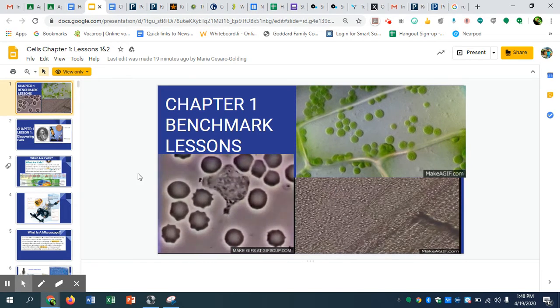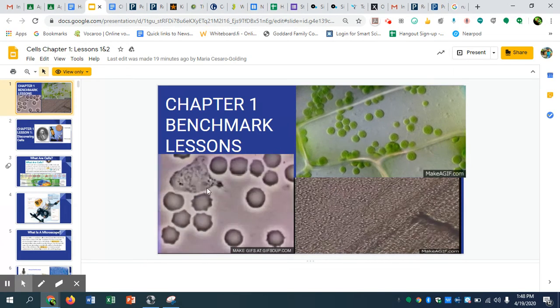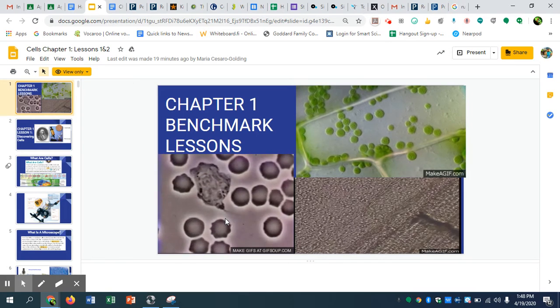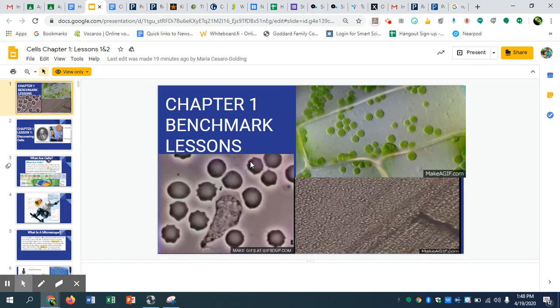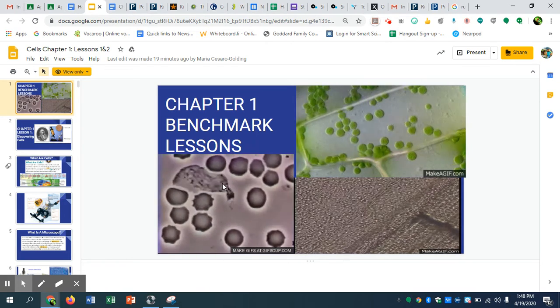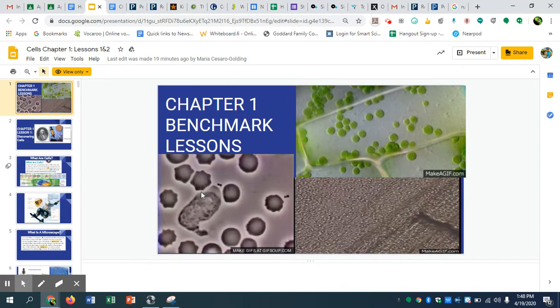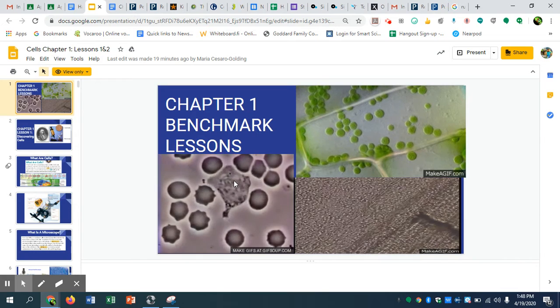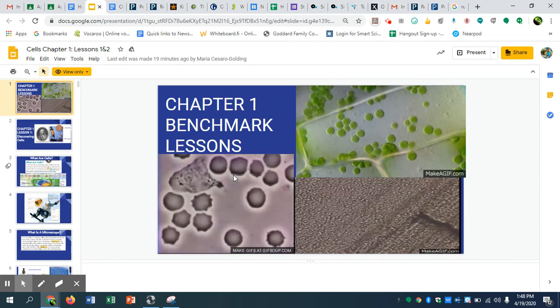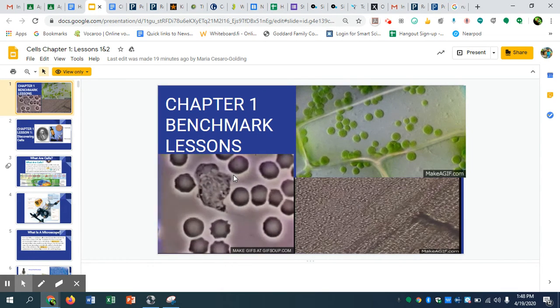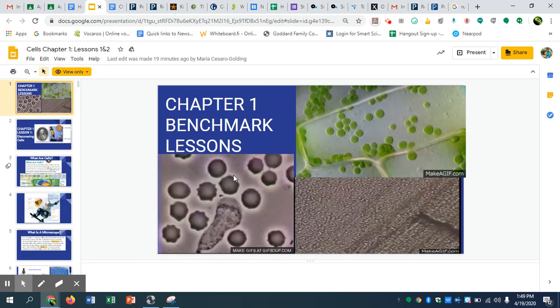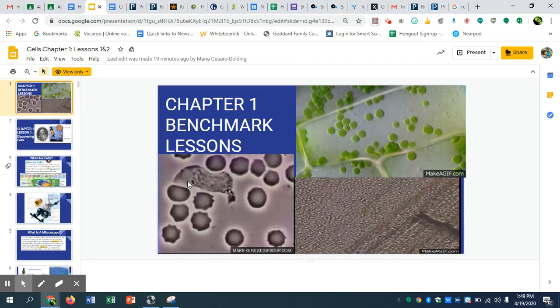This picture, I have a couple pictures here, shows you some single cells. This is actually a white blood cell. We have these in our bodies and they move. Some people consider them alive. The job of the white blood cell is to hunt down any invaders in our bodies, bacteria and viruses. And this little speck here is also a single cell.